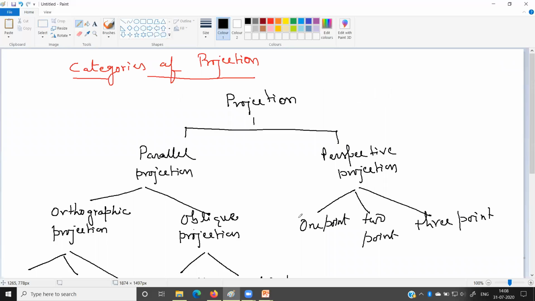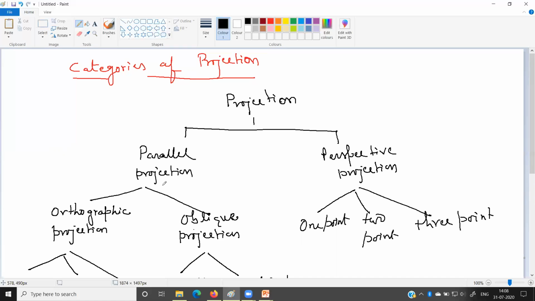Fine. So the major differences we have discussed so far between parallel projection and perspective projection. You can see from the previous two diagrams that in parallel projection, the center of the projection, that means where the projectors or lines will meet, is at infinity.